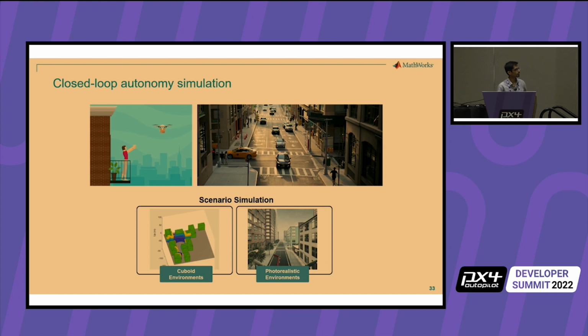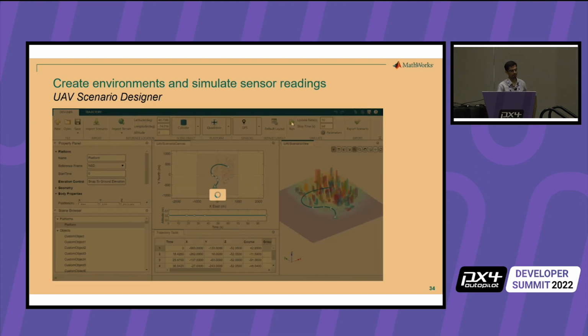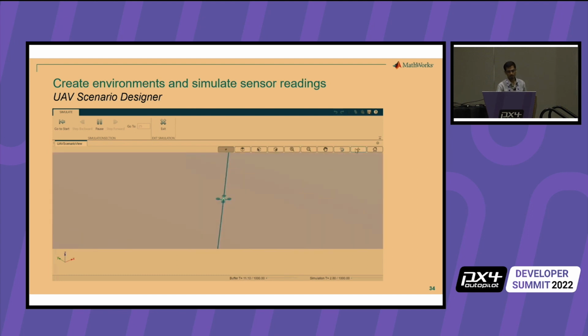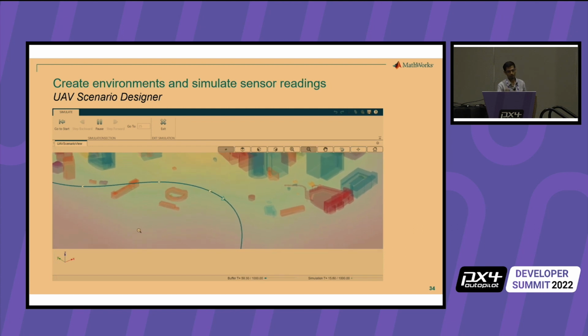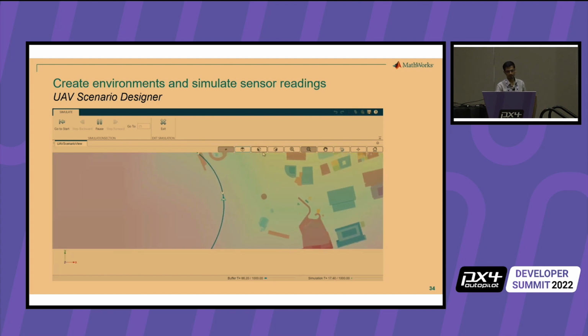On the right, it's the Unreal simulation that pops up from the Simulink Unreal integration. And to build these simpler scenarios, like a city block with primitive shapes, we actually have a UAV Scenario Designer app. So it's a really interactive app where you can quickly build cuboid-style environments. You can drag and drop elements to bring in buildings and other environment items in the scenario canvas.